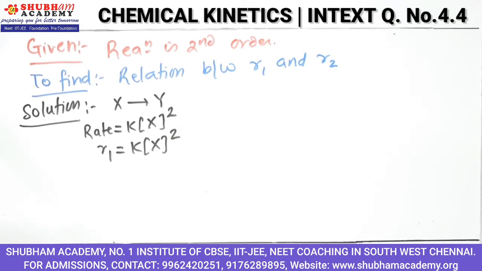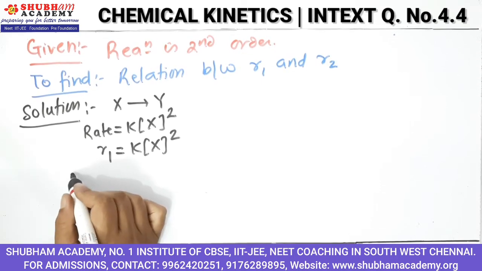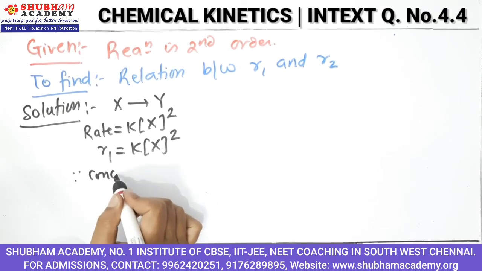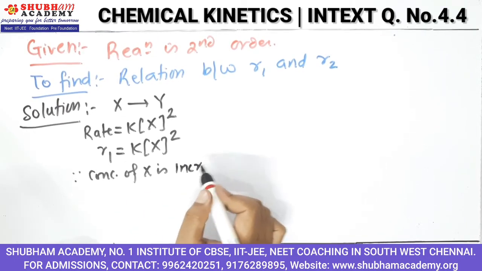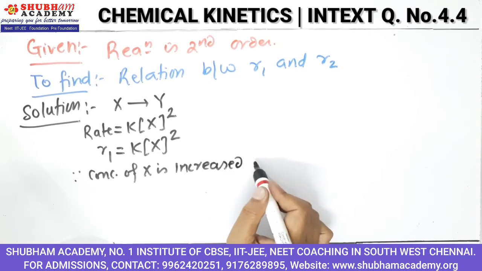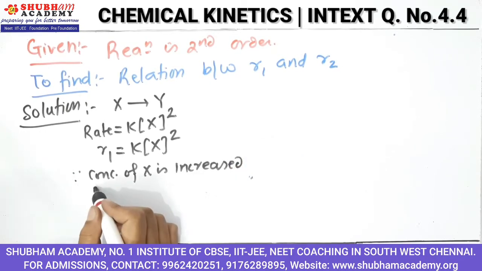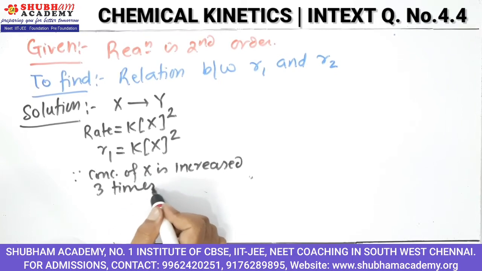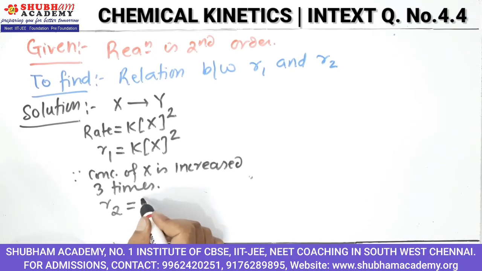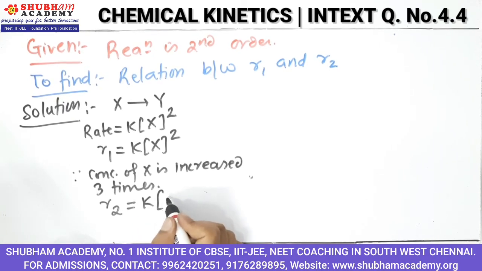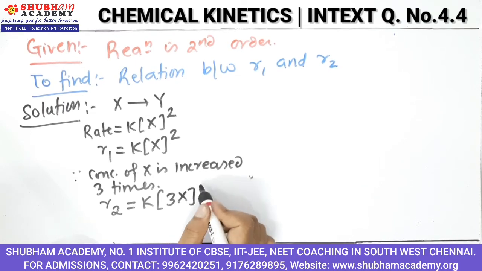Now they are saying that the concentration of X is increased 3 times, right? So since the concentration of X is increased 3 times, the new rate becomes R2 is equal to K into 3 times X power 2, since order is 2.